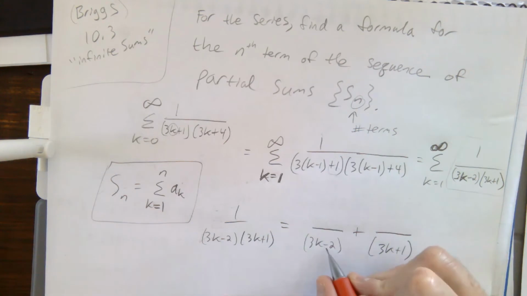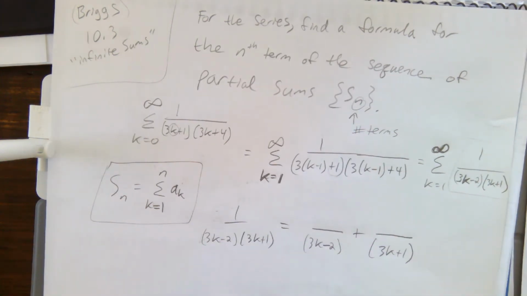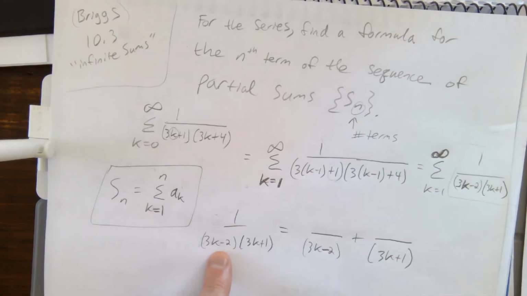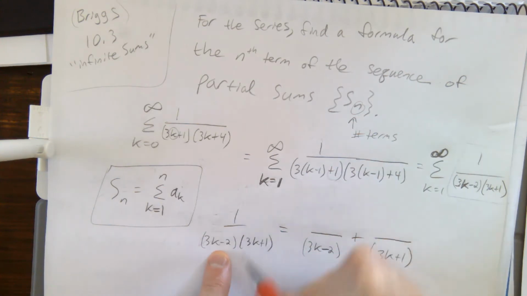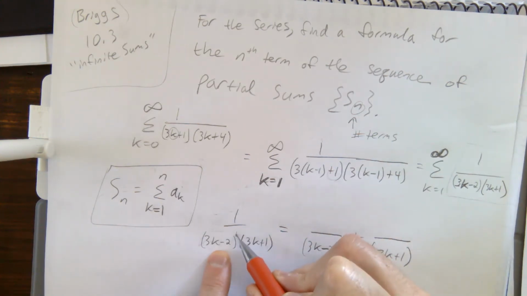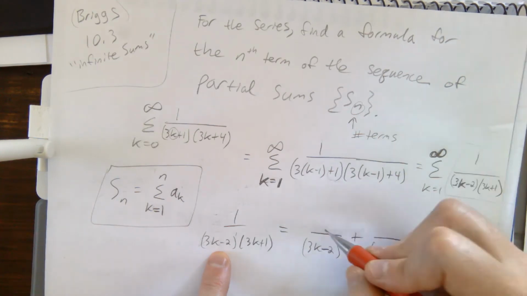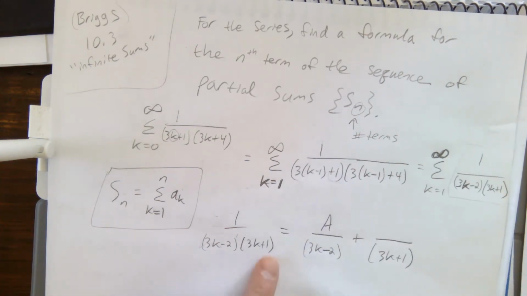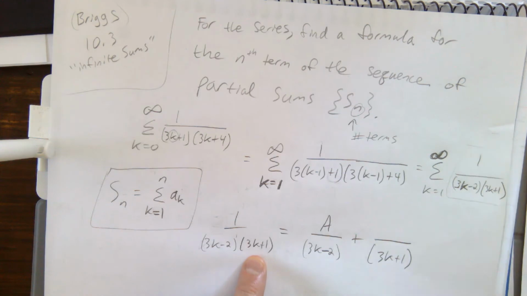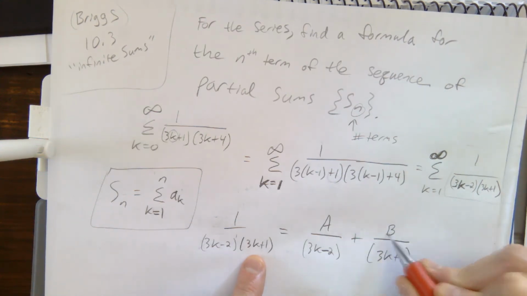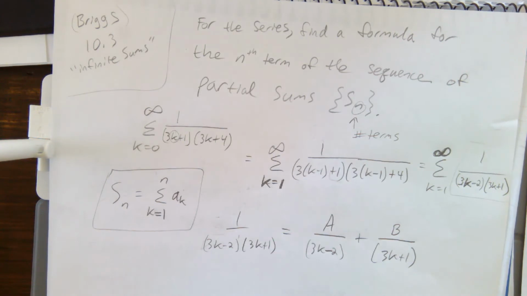And so when the factors are linear and they're non-repeating, meaning multiplicity of 1, this only occurs one time in the denominator, then we just need a constant on top. Same thing, linear, not quadratic or higher degree, so we just simply need a coefficient b on top.